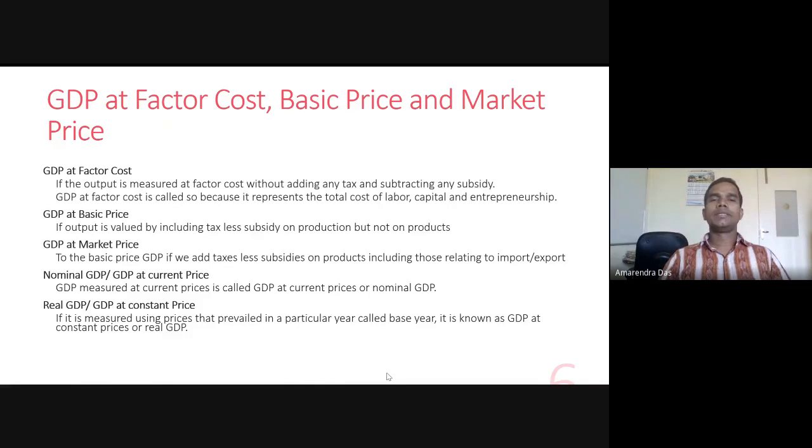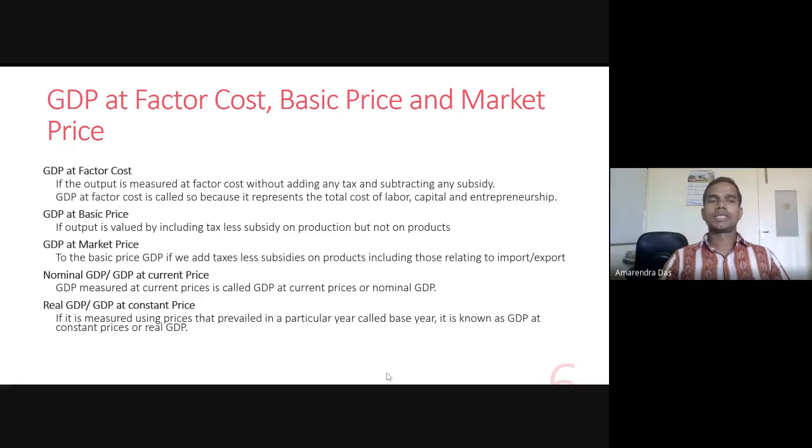Then we have GDP at factor cost, GDP at basic price, and GDP at market price. So coming to the first one, that is GDP at factor cost. If the output is measured at factor cost without adding any tax and subtracting any subsidy, then it is called GDP at factor cost. It is called GDP at factor cost because it represents the total cost of labor, capital, and entrepreneurship.